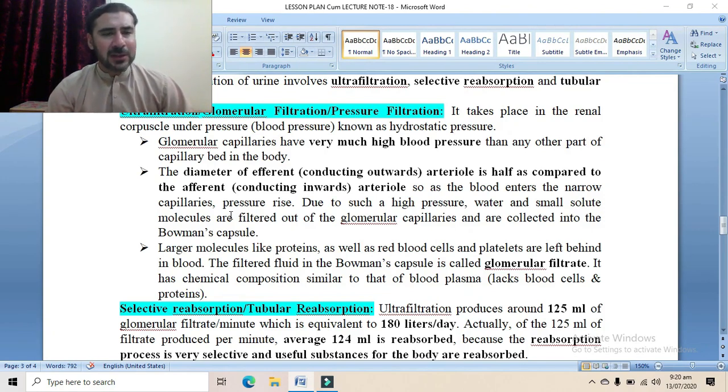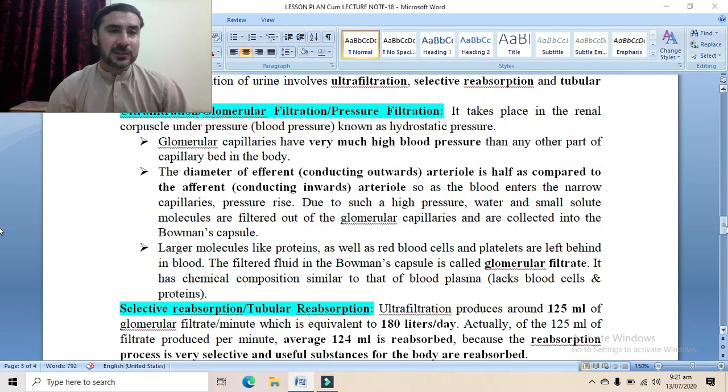So the blood pressure will be high, and that blood pressure is transmitted inside the capillaries of the glomerulus. In this way, there are two basic reasons due to which the high pressure is created.